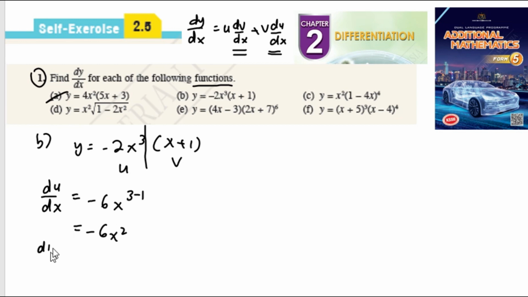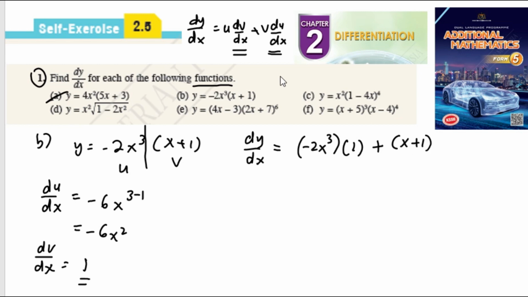Now you have to find dv over dx. When you differentiate x, you get 1, because x is equal to 1x, and the one without x will be 0. So you have 1. Now you can put it inside the formula. u is negative 2x cubed, dv over dx is equal to 1. Plus, you see the formula here, v is x plus 1 and du over dx is negative 6x to the power of 2.